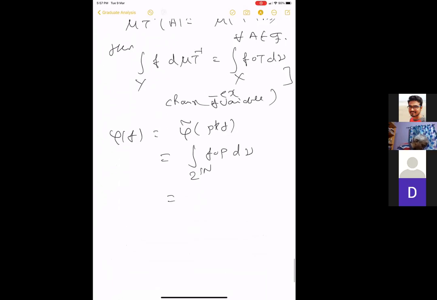But then by change of variable, this is the integral over X of f d mu, where mu equals mu_p. So we have a measure on X.